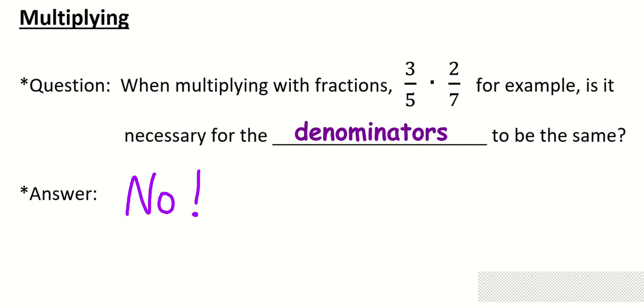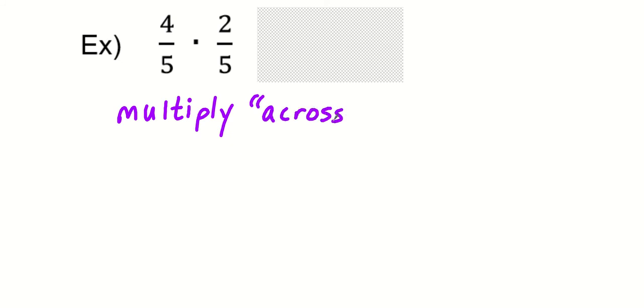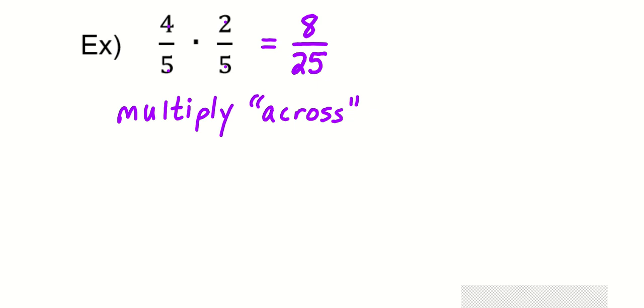Somewhere we need to write down that when you're multiplying fractions, you multiply across, which means all you got to do is multiply the numerator times the numerator, like 4 times 2, and then 5 times 5.